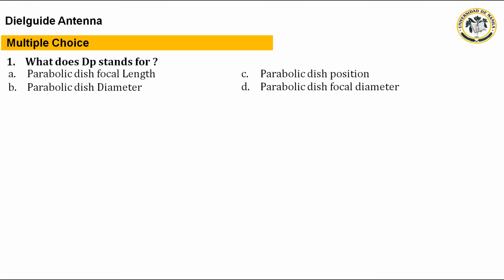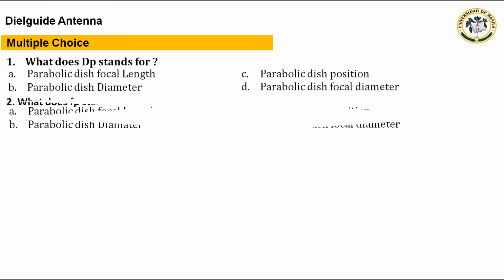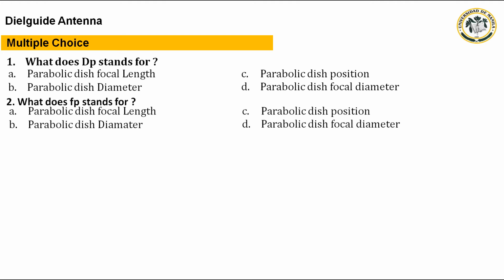C. Parabolic dish position. And D. Parabolic dish focal diameter. Number 2. What does Fp stand for? A. Parabolic dish focal length, B. parabolic dish diameter, C. parabolic dish position, or D. Parabolic dish focal diameter.